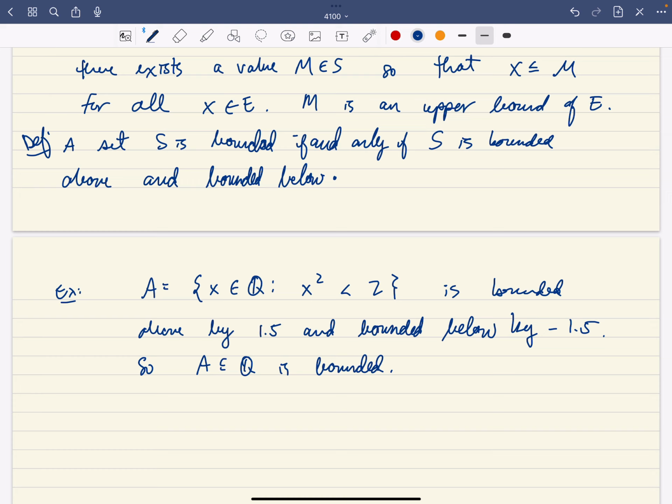Again, just a few definitions. I'm going to let E be a subset of S, where S is ordered.